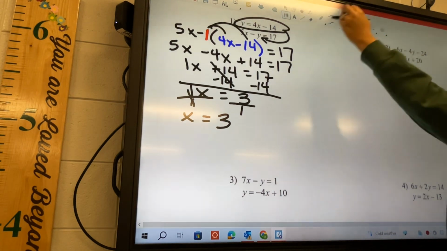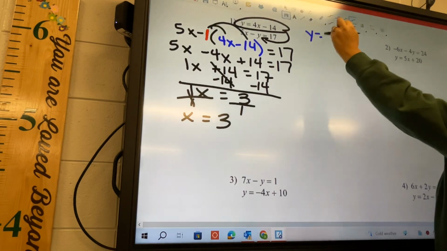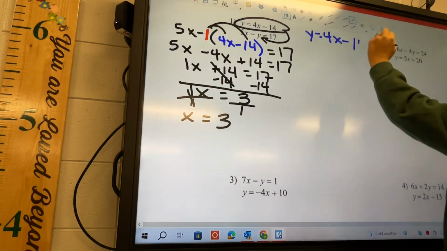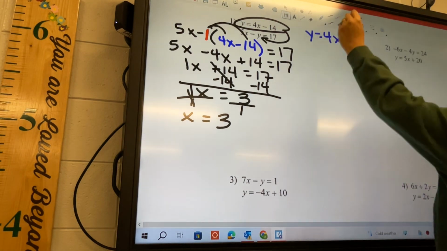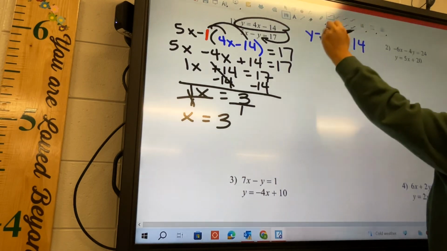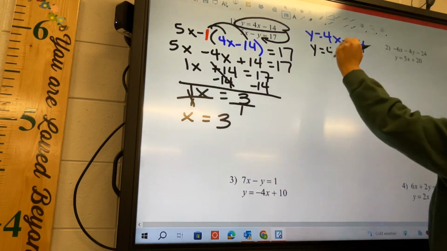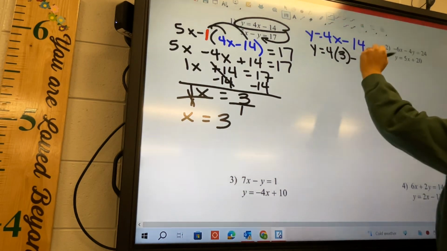Okay, so we got y equals 4x minus 14. And instead of x, now we know what the x is. What is the x value? 3. So wherever there's an x, we're going to put a 3 in instead. Okay, so really it's going to look like y equals 4 parenthesis 3 minus 14.